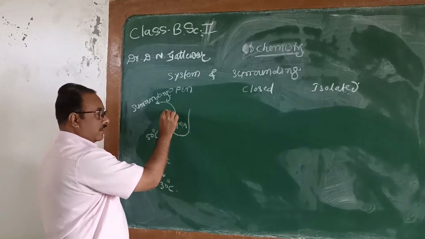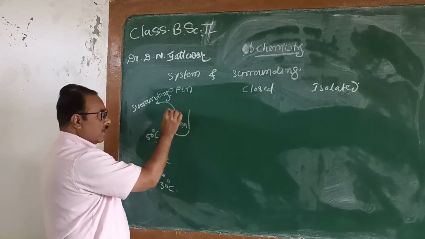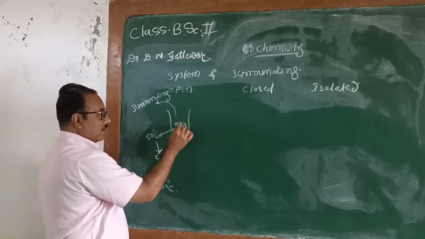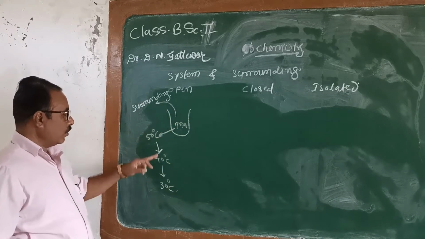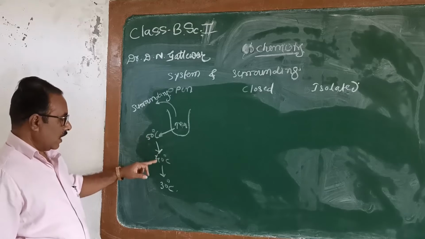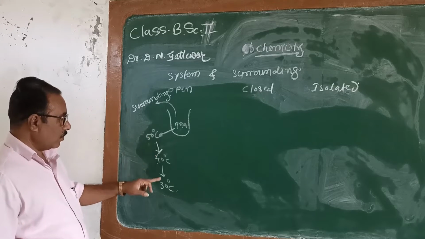This is an open system, there is no lid, there is no cover, therefore the heat energy is exchanged with the surrounding, and the temperature comes down like this, 50 to 40, 40 to 30.